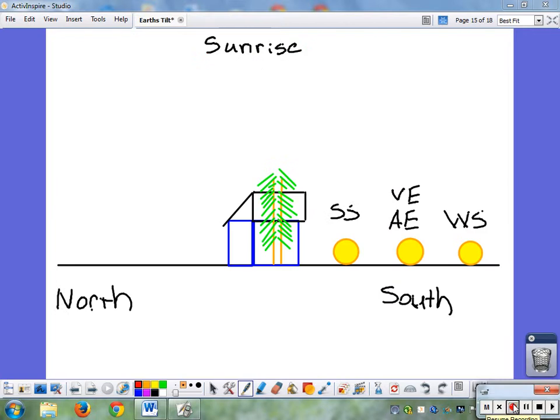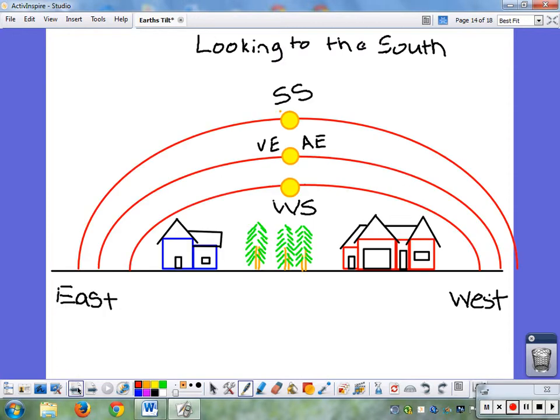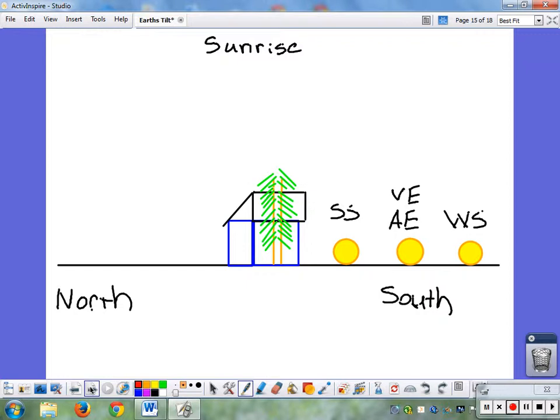Okay, again, so what we did here was we took this picture, and instead of looking to the south, we're looking at that house that was on the left, so we're looking to the east. Now this house is in the northern hemisphere.